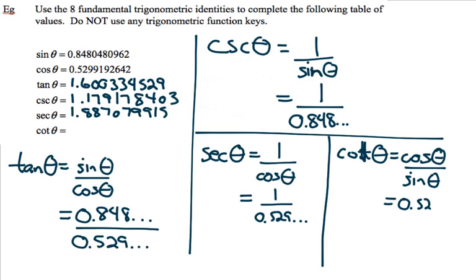Cosine being 0.529, and so on. Sine being 0.848, and so on. And divide that out, and we get cotangent is 0.624,869,3518.